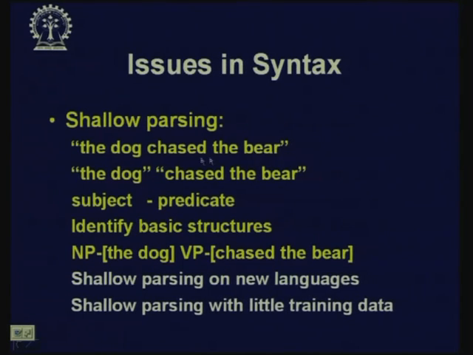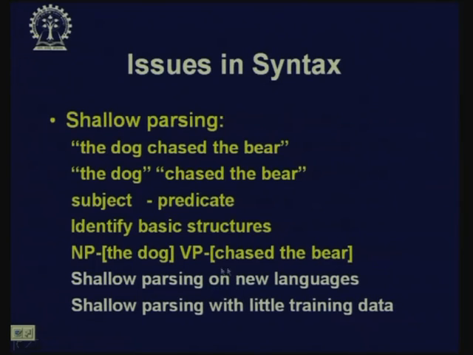When this sentence is shallow parsed, we first break it up and identify that the dog is the subject and chased the bear is the predicate. The subject is a noun phrase, the dog, and the predicate is a verb phrase, chased the bear.